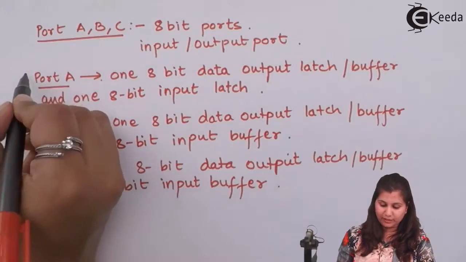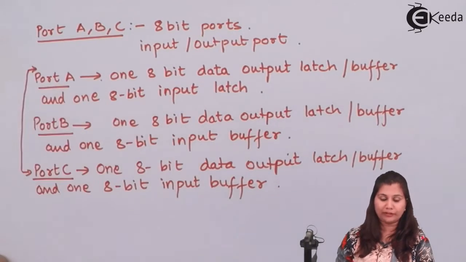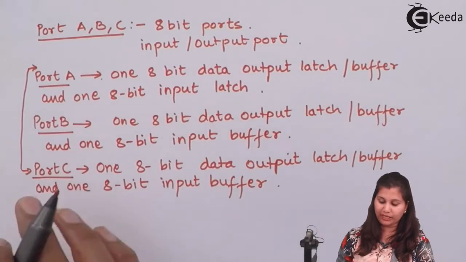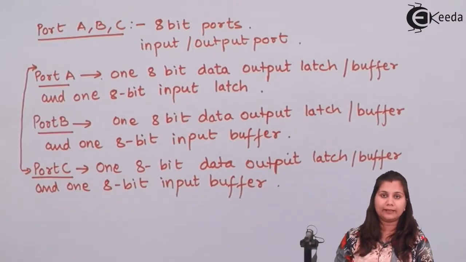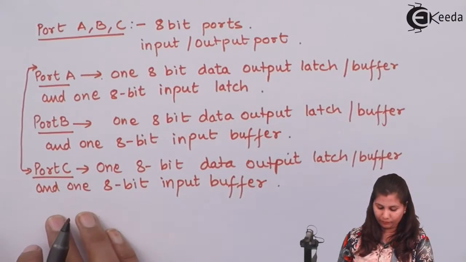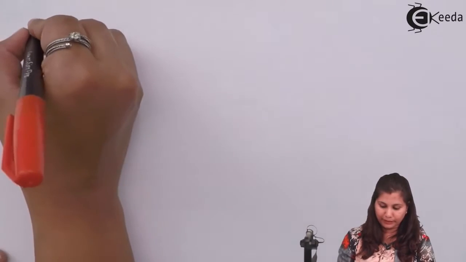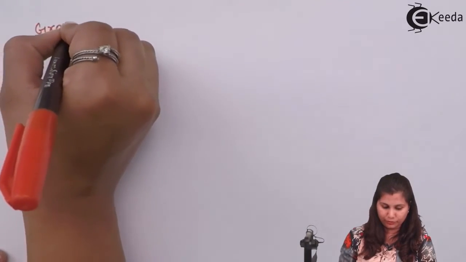Okay, so these three ports are available in the 8255, and for each port we have an output latch and an input latch. Now next we have the group A and group B control.